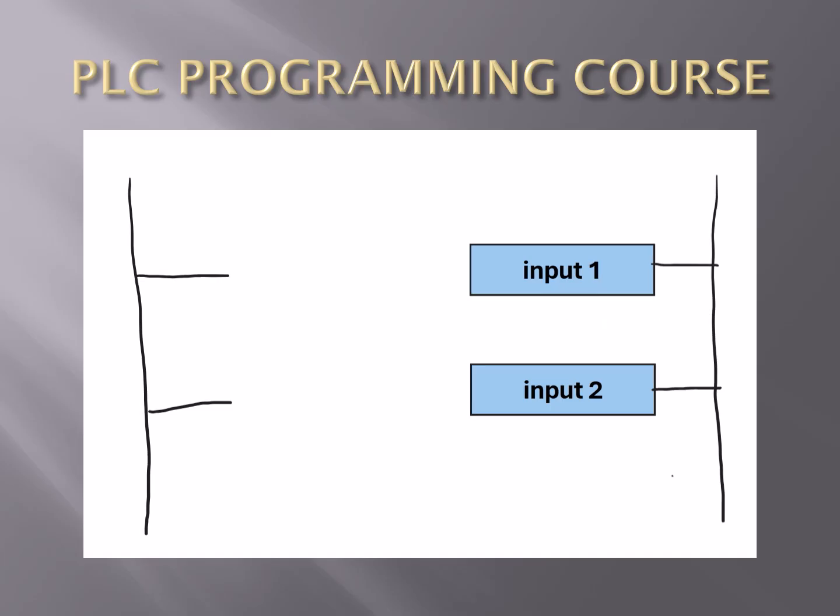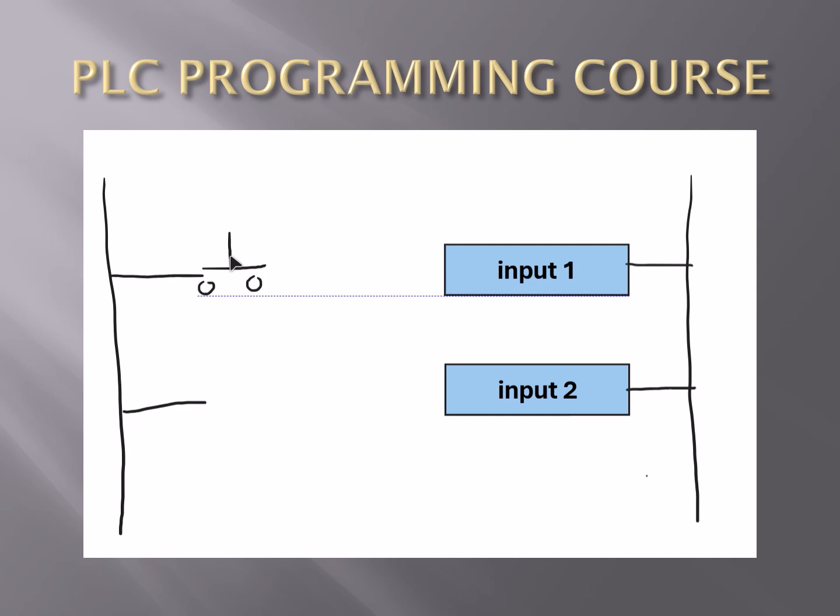And now I'm going to put a normally closed push button for input 2. I'll make the connections to the inputs themselves from that field device. So that connection and that connection are actually connecting your push button right to your input.